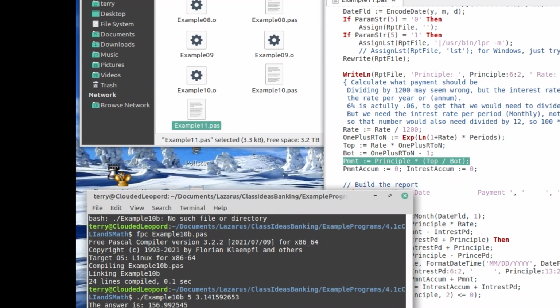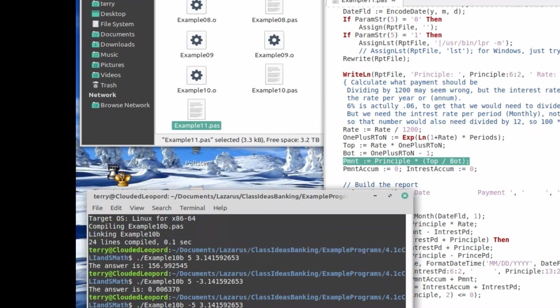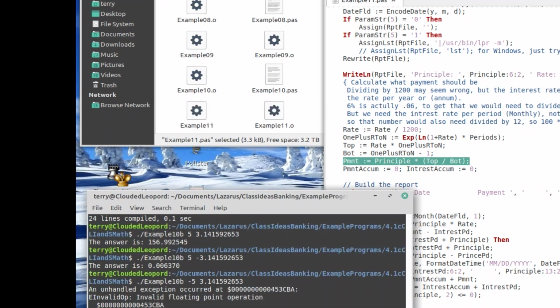So we can compile this. That was a little bigger program, and it took a little longer. It took 0.7 seconds, and normally the programs we've been compiling take 0.0 or 0.1 seconds.